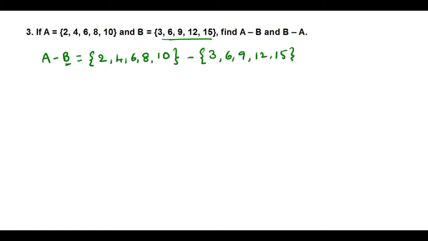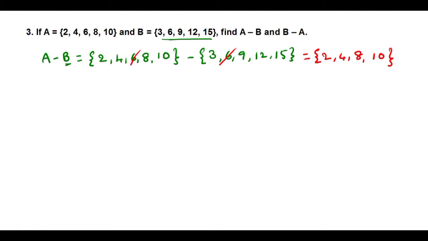What is common in both? 6 is the common, so cancel it. The remaining elements, with no common, are your answer: 2, 4, 8, 10.